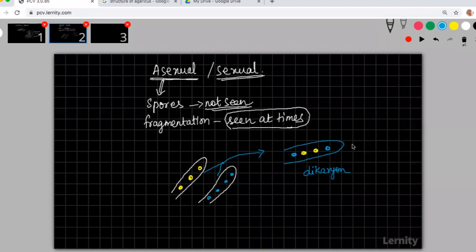So this dikaryon will develop into basidiocarp. Basidiocarp will mature. This will have basidiospores.